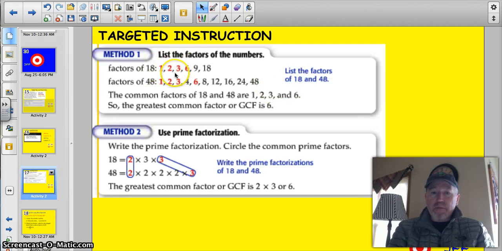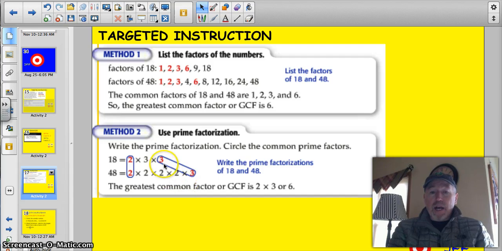They've even taken and made the common factors in red here, and then they just look for the largest one, and that is obviously 6. So the common factors are 1, 2, 3, and 6, and 6 is the greatest or the largest shared factor. Greatest common factor can be translated into more simplified language I would use in 5th grade, the largest shared factor.